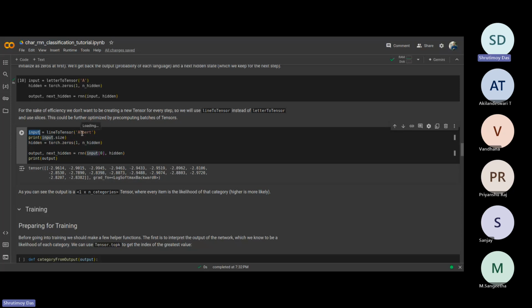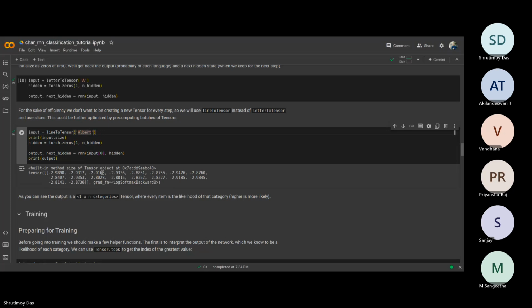So we have 6 letters, so the first dimension will have a size of 6, and because each letter is of size 1 by 57, you have 6 cross 1 cross 57. Okay. Tensor object.